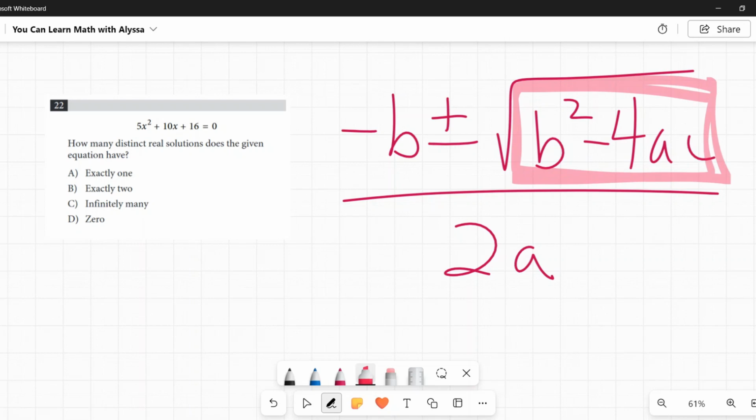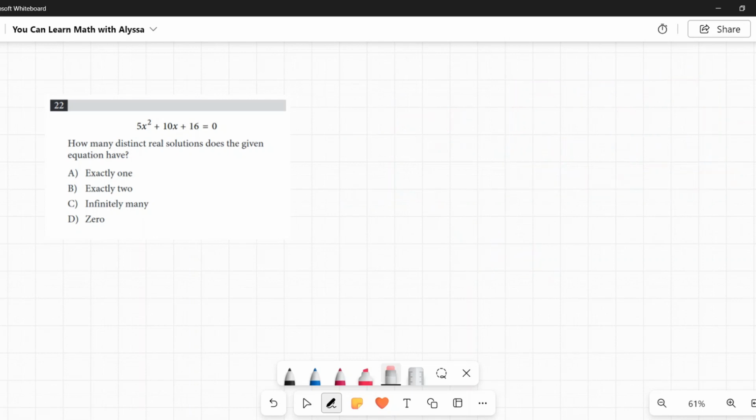B squared minus 4ac. If you apply this to any quadratic, you can tell without having to graph it or solve for x how many solutions it has.